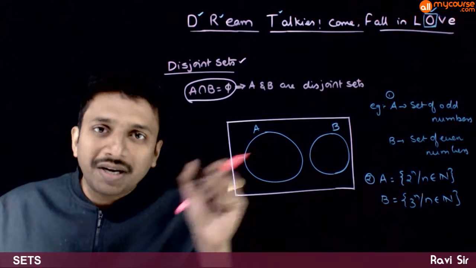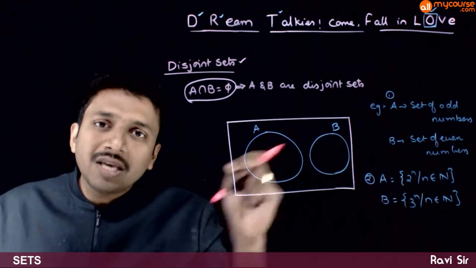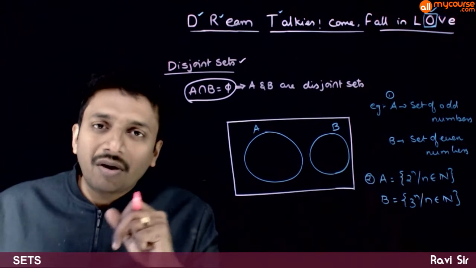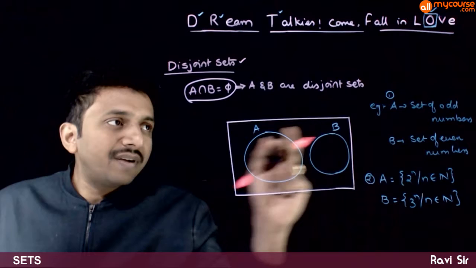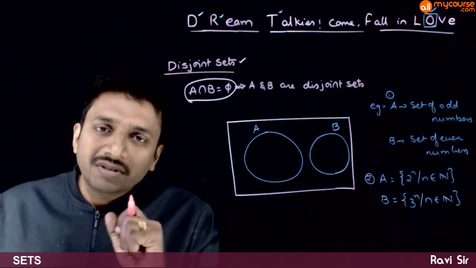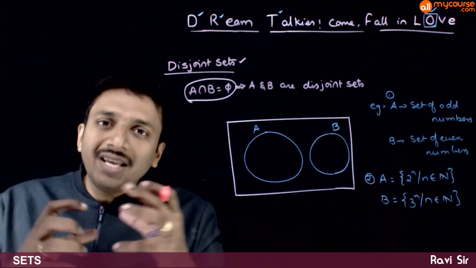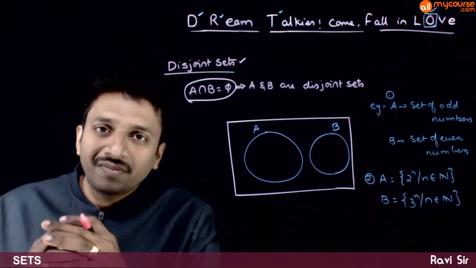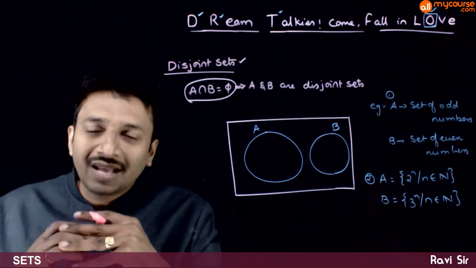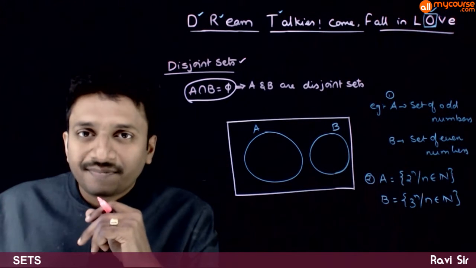Or even if I join them, if there is no element in the intersection part, they are called disjoint sets. For example, if set A is the set of all odd numbers and set B is the set of all even numbers, is there any number which is both even and odd? The answer is no. Hence, these two sets are disjoint sets.